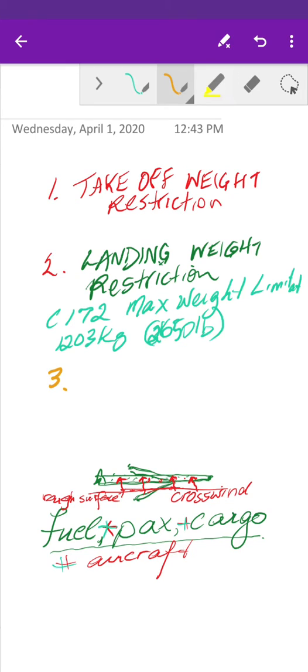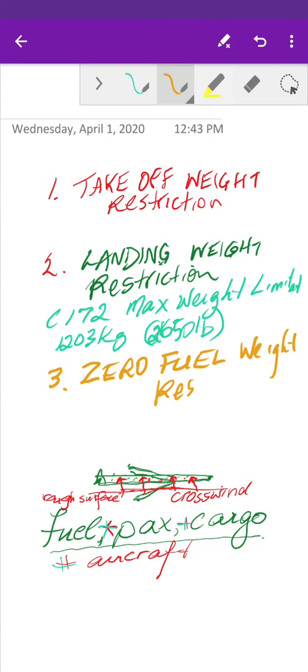And finally, the other restriction is called the zero fuel weight restriction. This really applies to the larger aircraft, the A380s, etc., where they give you the weight of the aircraft that it cannot exceed, the only extra being the fuel taken out.